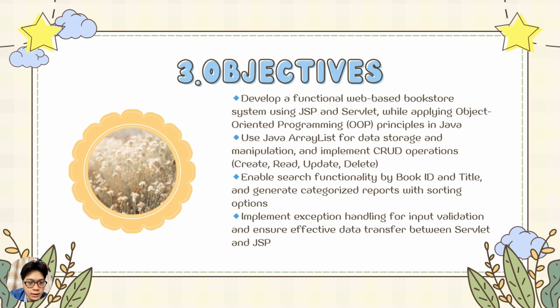The third objective is to enable search functionality by using book ID and title and generate categorized reports with sorting options. Number 4 is to implement exception handling for input validation and ensure efficient data transfer between servlet and JSP.